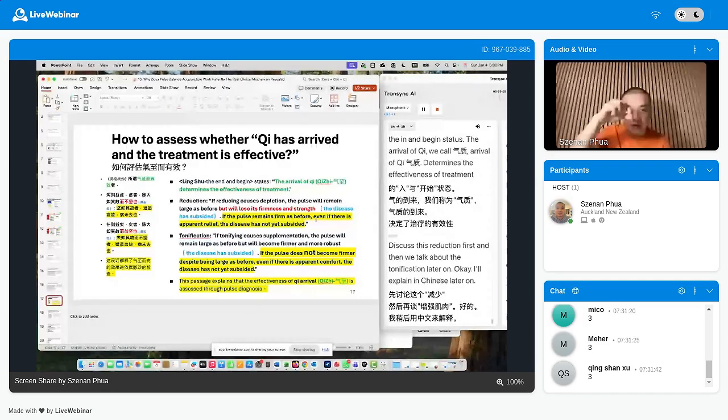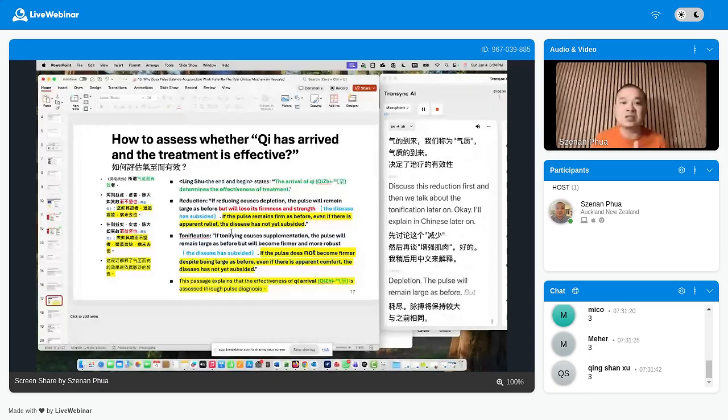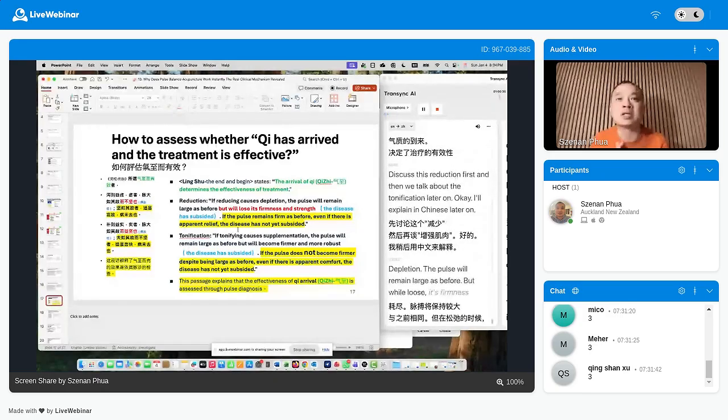This is a diagnosis. Then I put the needle in and do the reduction technique, and I find that the pulse remains firm as before, even though there is apparent relief, even though the patient says, "Oh, my back pain is better." According to Huangdi Neijing, the disease has not yet subsided.